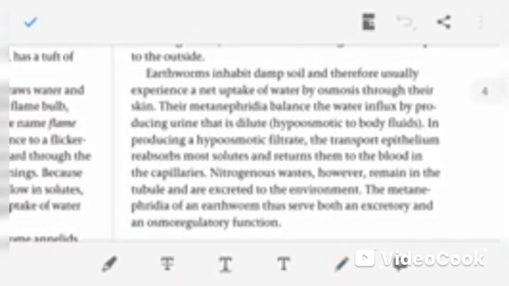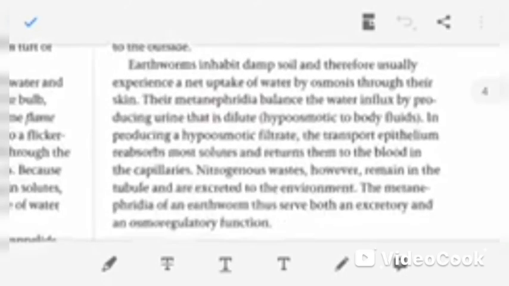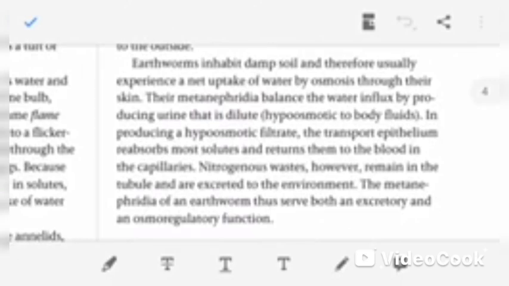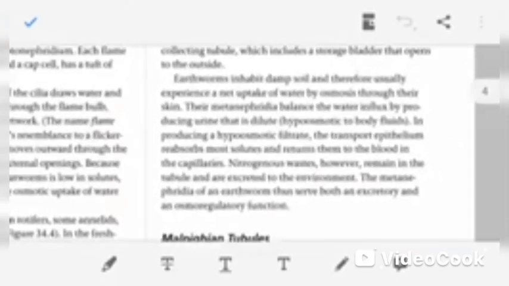It is excretory because it produces and excretes urine, and second, it is also responsible for the balance of water in the body. That's why the functions of excretion and osmoregulation are both performed by the metanephridia.